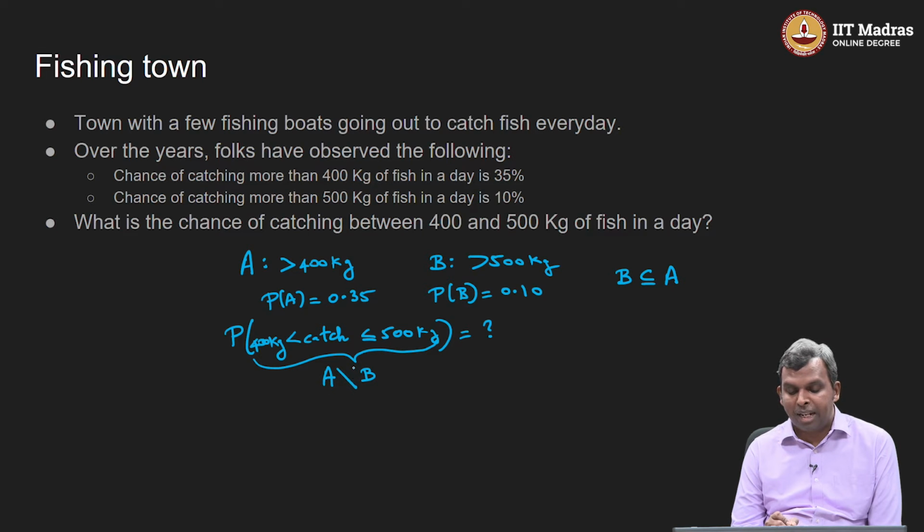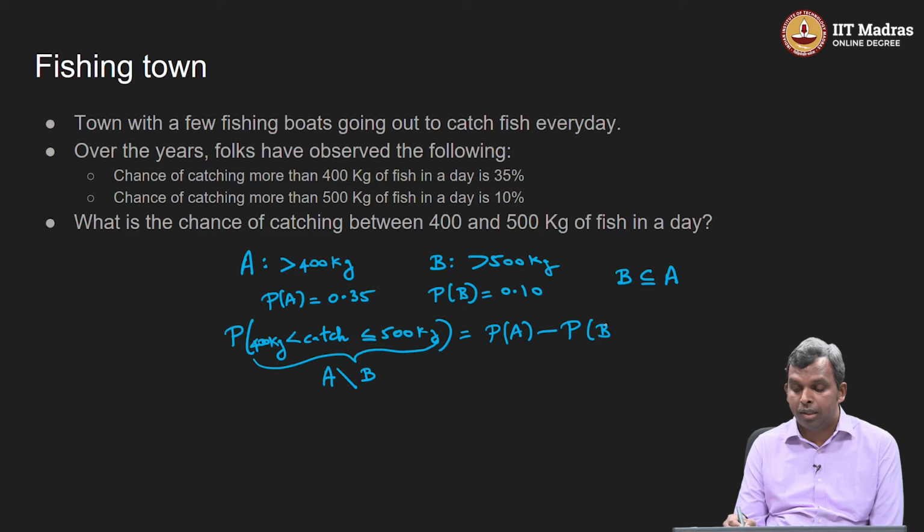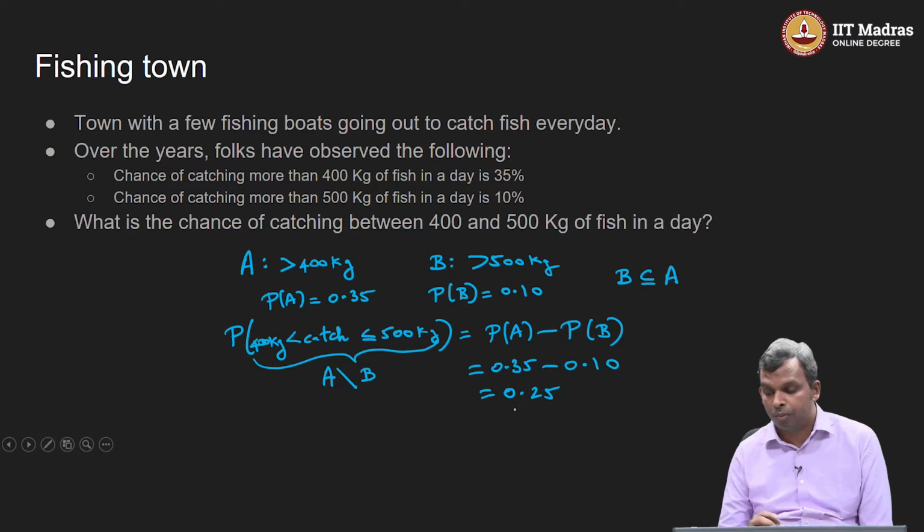So I put A minus B. That is this event. Now B is contained in A, and you're doing A minus B. So what is the probability of A minus B? This is probability of A minus probability of B, which is 0.35 minus 0.10, which is 0.25.